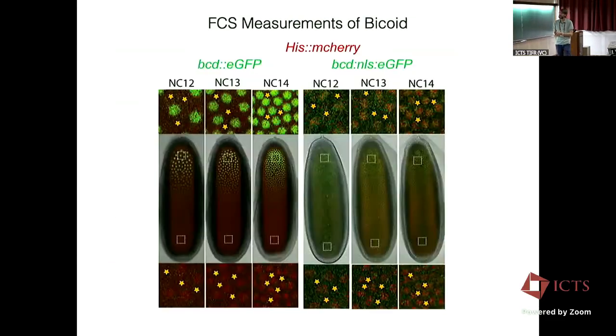To do that, and this is work actually started by an undergrad student who's now doing a PhD at Harvard, we basically did FCS, fluorescence correlation spectroscopy, just in the anterior of the embryo, where everyone always used to do it anyway, because that's where there's a nice signal, but also in the posterior. For those that know about FCS as a technique, it actually works better at low concentrations. You want to be just above the background noise. So in fact, the FCS curves are better here than they are here. But I think intuitively, people don't like to do that.